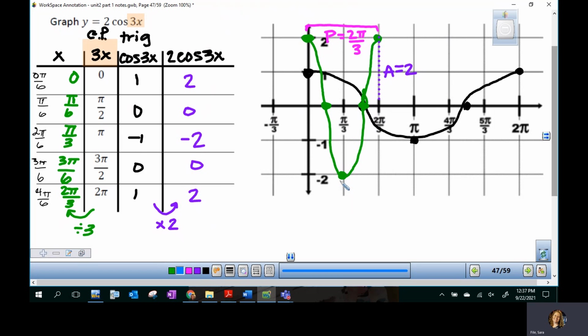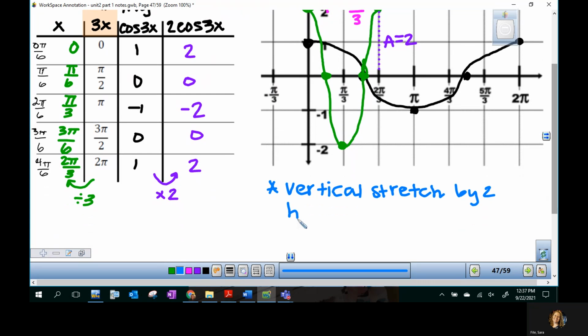It is vertically stretched by 2. It's twice as tall. And it's horizontally compressed by 3. It's 1/3 of the width. Does that make sense? So this is a vertical stretch by 2 and a horizontal compression by 3.